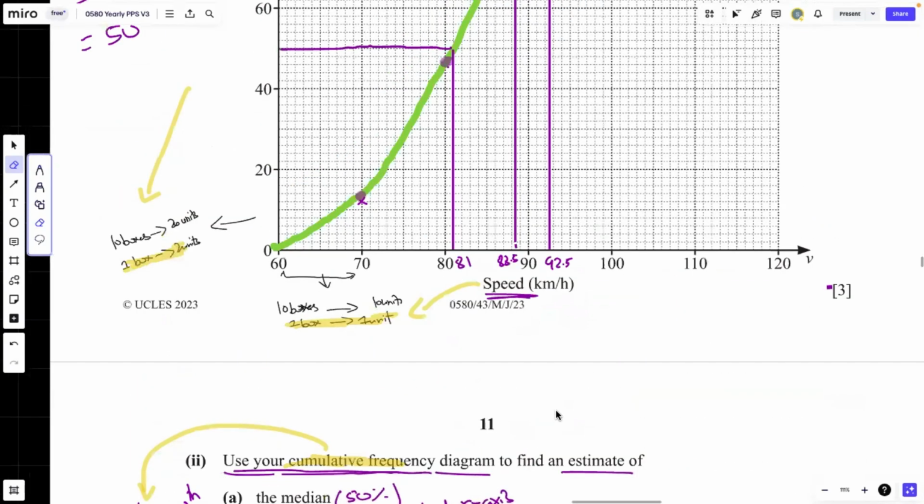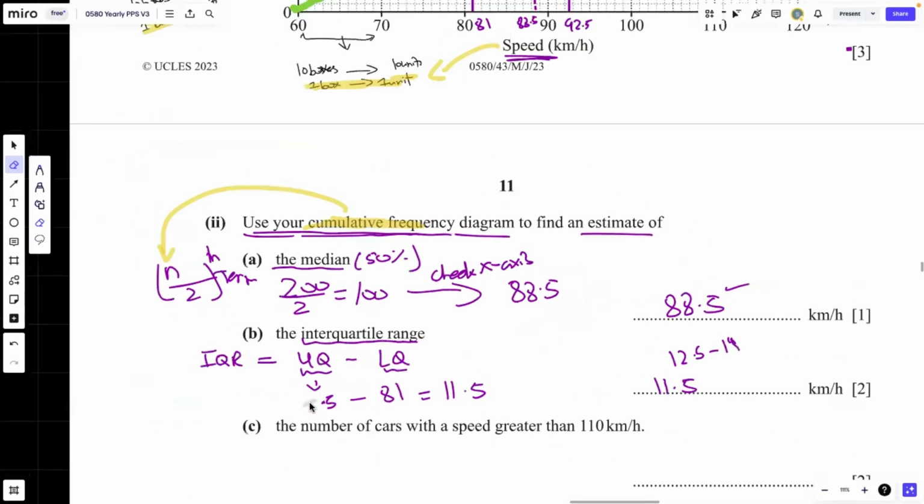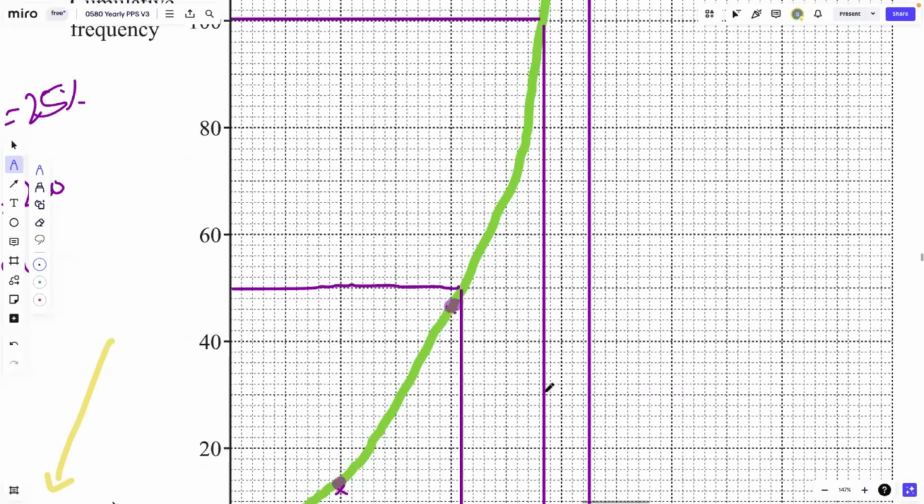So let's say we take this to be 93 and this to be around 80.5. So you get the answer to be 12.5. Just make sure to do this correctly so you lie in the correct range.